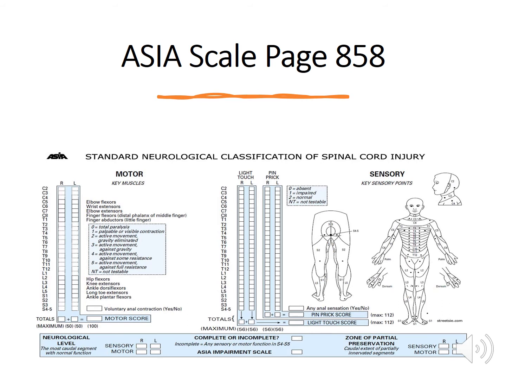So this scale is called the ASIA scale, and it was created to distinguish among different types of spinal cord injury. So is it complete? Is it incomplete? Is it sensory incomplete?